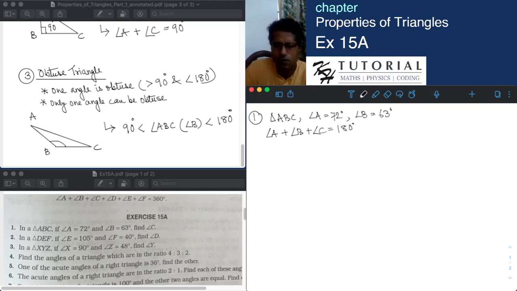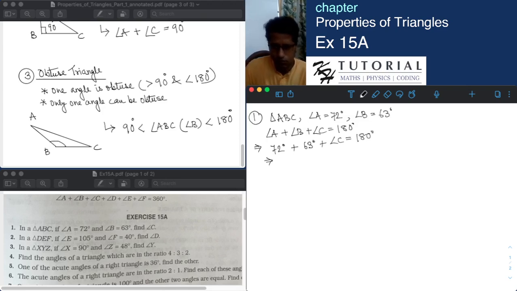That is, the sum of all three angles of a triangle is 180 degrees. Now angle A is given to be 72 degrees, angle B is given to be 63 degrees. So we have 72 degrees plus 63 degrees plus angle C equals 180 degrees.